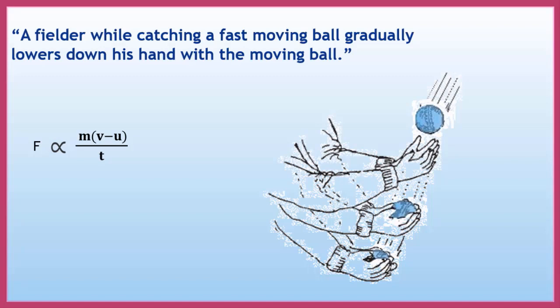It means if there is less value of time, more will be the effect of force. If more value of time, less will be the effect of force. So basically what the fielder is doing here is increasing the time of contact with the ball. So as time gradually increases, the force applied by the ball on the palm of the fielder will get reduced.